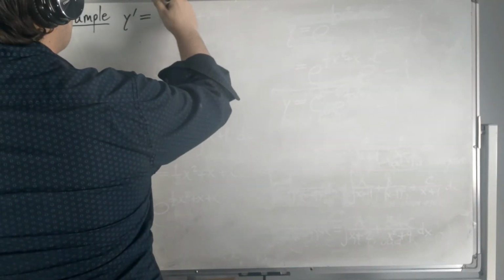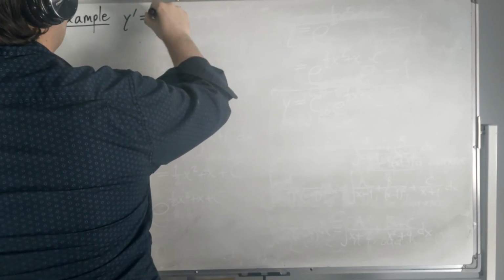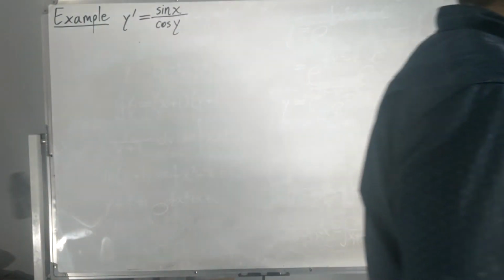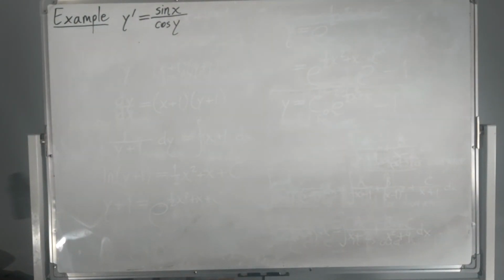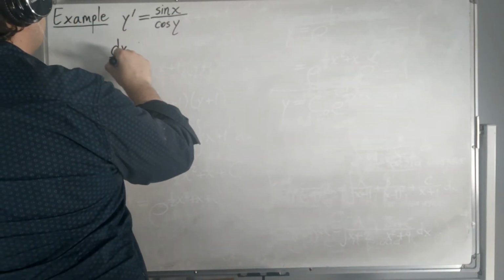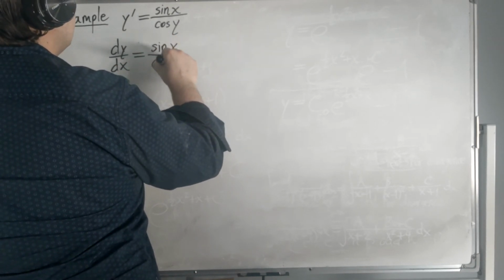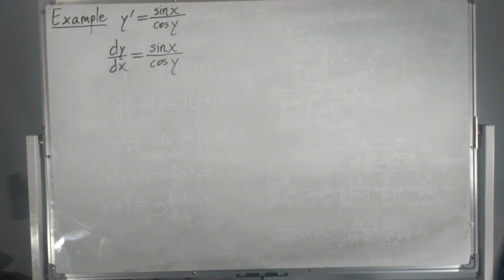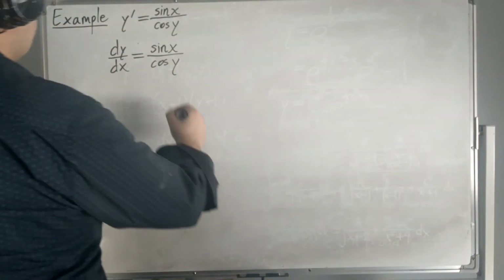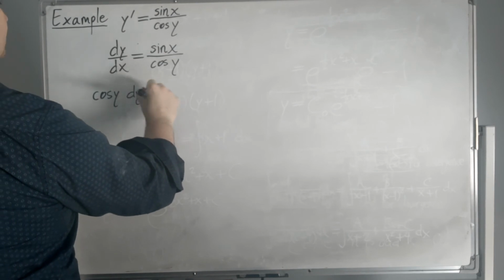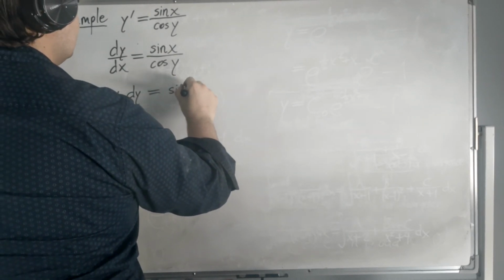y prime equals sine x over cosine y. So again, write this in Leibniz notation. dy/dx equals sine x over cosine y. Then do some algebra to get all the x's on one side and all the y's on the other side. So cosine y dy equals sine x dx.